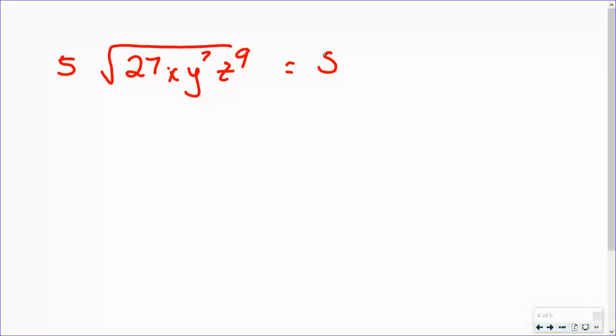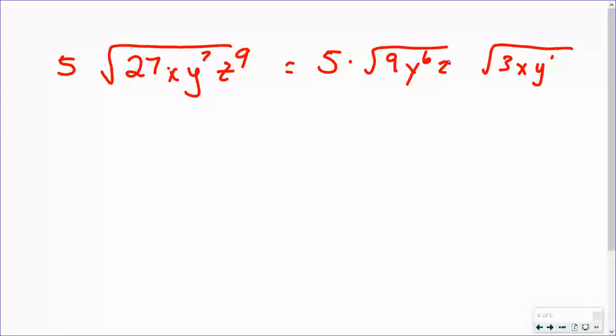Okay, so I know it's 5 times whatever I get for these perfect squares. 27 happens to be 9 times 3. 9's the perfect square, that's why it goes first. X to the 1st, well, that's not even, so that's going to go back here and stay by itself. Y to the 7th, well, I want to take out the biggest even, and I'll have one more left over here for the y's.